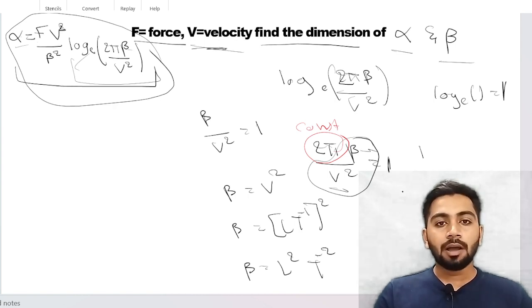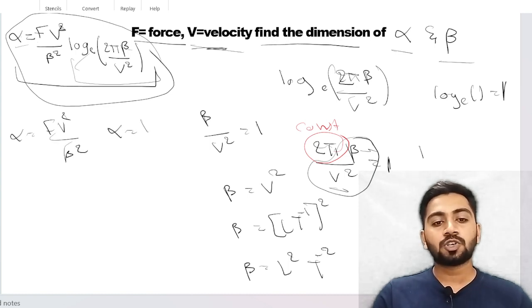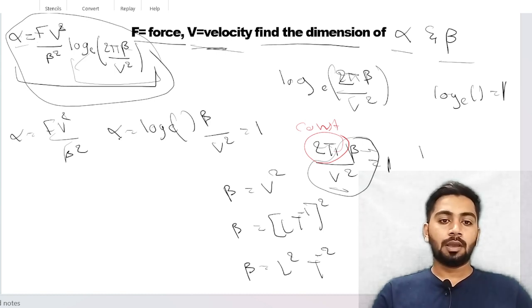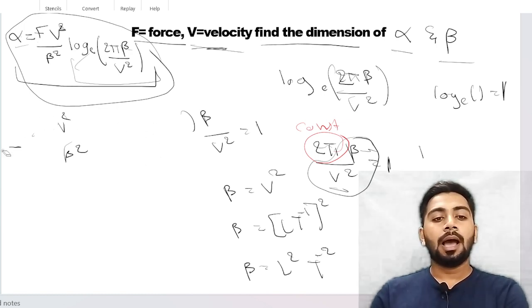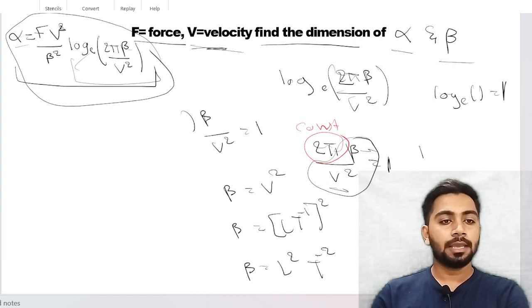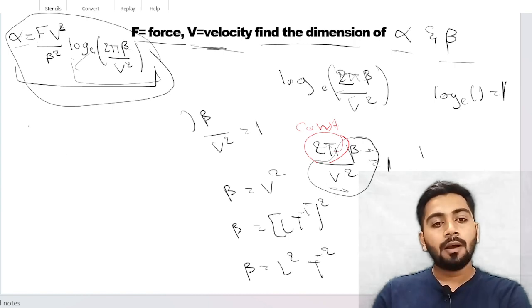Yesterday I said that for any problem given like this, we can take this one. Now we want the alpha value, so I can take only this one: alpha is equal to F v square divided by beta square.